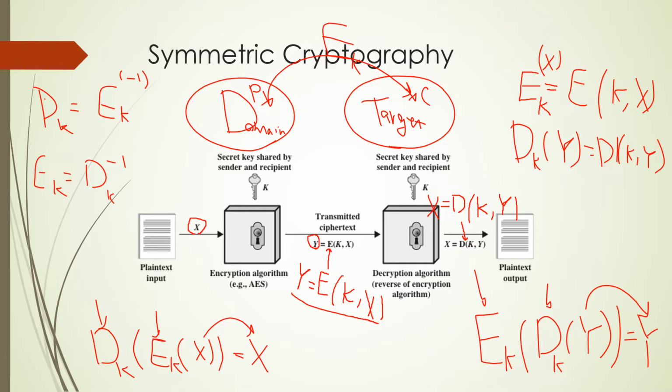Let's use a black color now. If I want to go back from C to P, I should use a decryption function, but it should be exactly the reverse of EK. And that's how symmetric cryptography works.